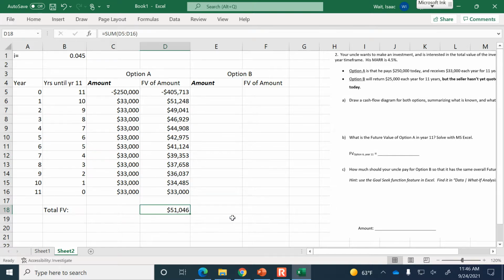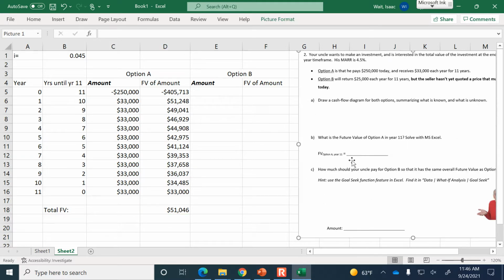So this $51,000 represents the excess over and above the 4.5% that's going to the bank. So this would be how much your uncle gets to keep. It's the future value of his portion of the investment that didn't go to paying off the original loan. So you can think of it as the future value of the profits.